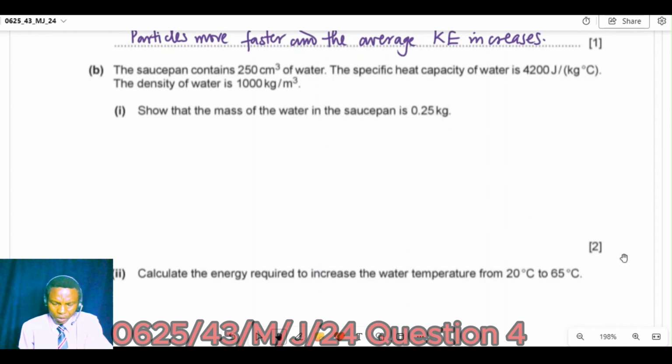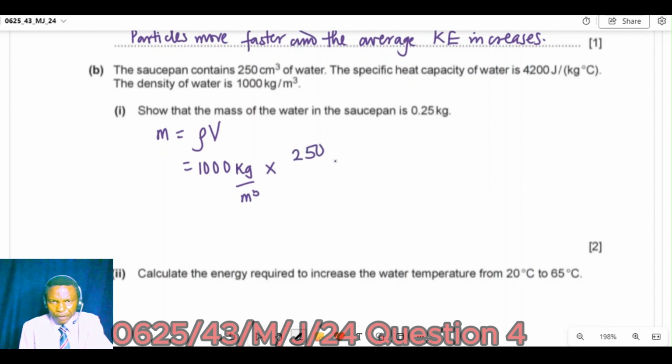So first of all, we know that mass is equal to density multiplied by volume. The density is 1000 kilogram per meter cube.